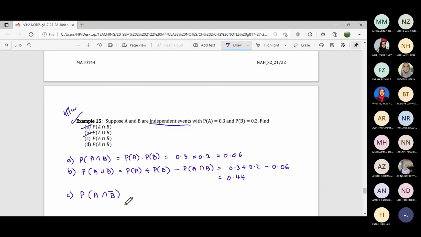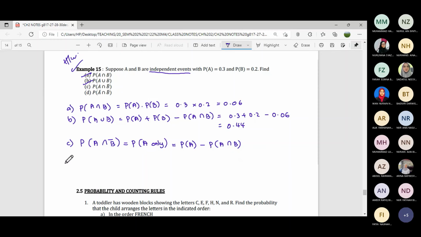0.44. And then for question C, here when you have probability of A bersilang dengan B bar. Okay, bersilang dengan B bar. So yang ni dia adalah probability of A only. Okay, probability of A only. So you have to take probability of A minus with the persilangan A and B. Kenapa? Sebabnya macam ni.